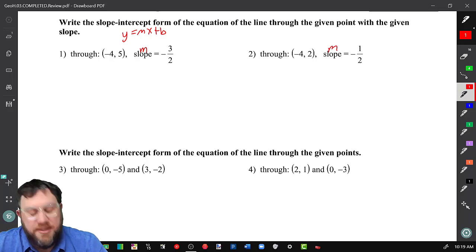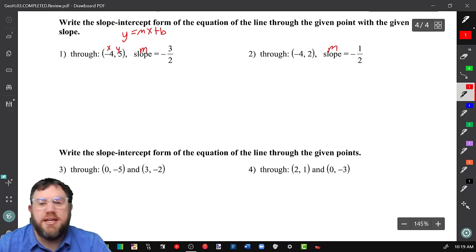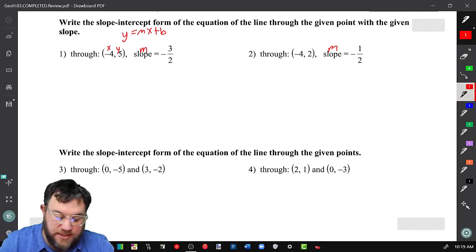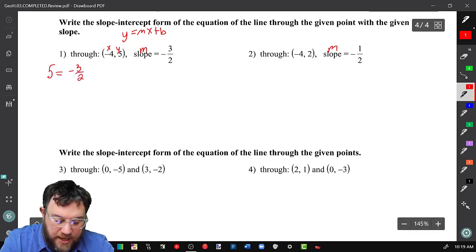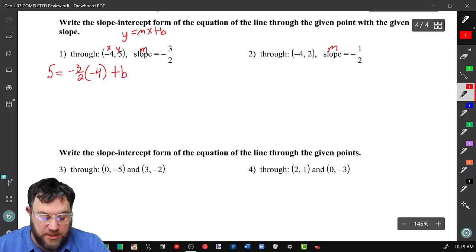So to find b, we need to plug in x, y, and m, and that's going to allow us to get b by itself. So y is 5, m is negative 3/2, and x is negative 4, and we're looking for b.